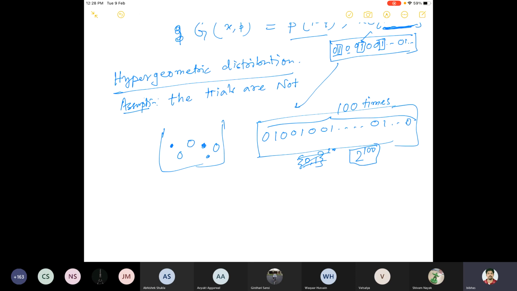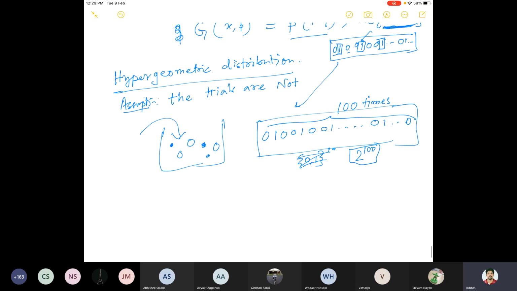So it is like picking something from the box independently. In some sense, binomial sampling is with replacement. Now, what we are doing here is without replacement. So here my trials are not independent.